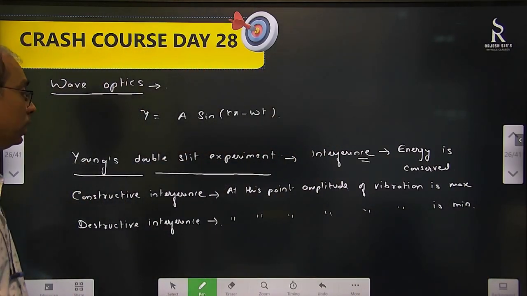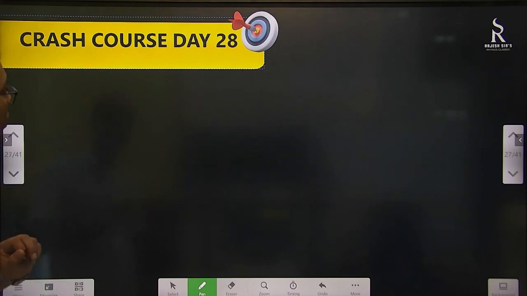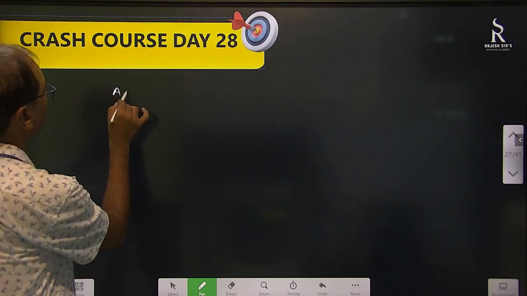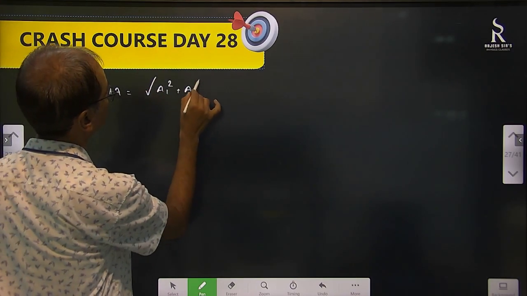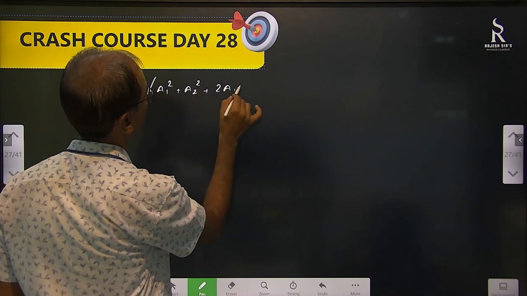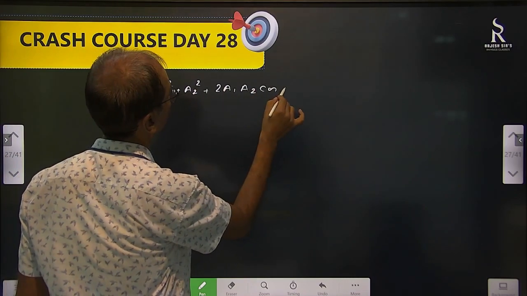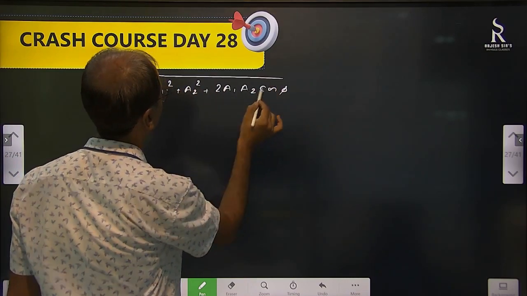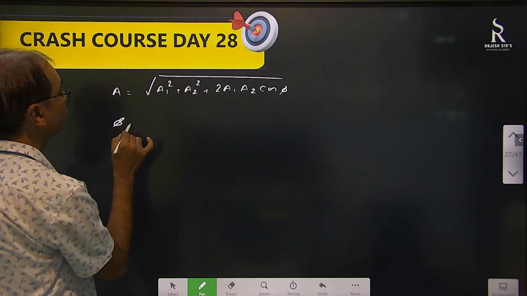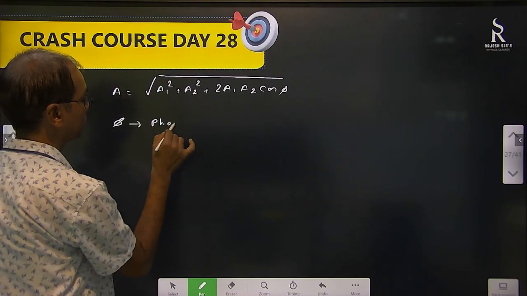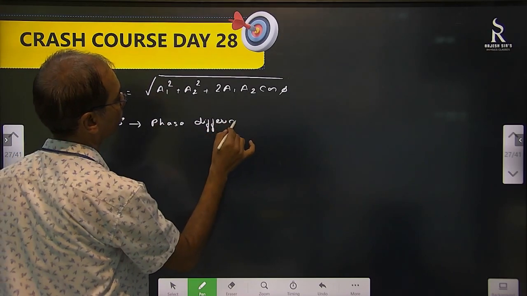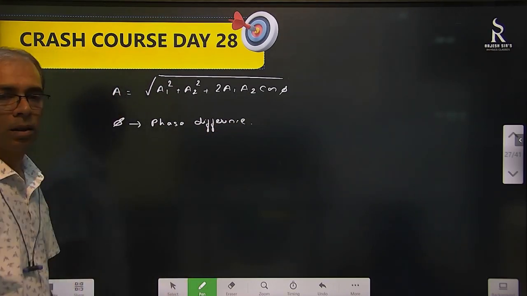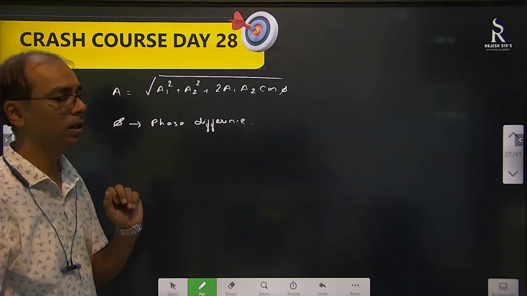Right. In interference, what is the resultant amplitude? We know that. How to measure it? We write it as A equal to root over A1 square plus A2 square plus 2 A1 A2 cos phi, where phi is the phase difference between two waves which are reaching at that point.